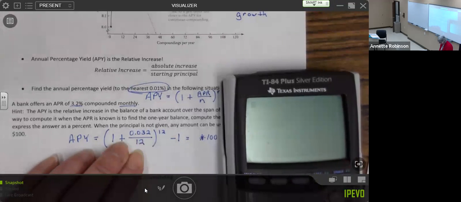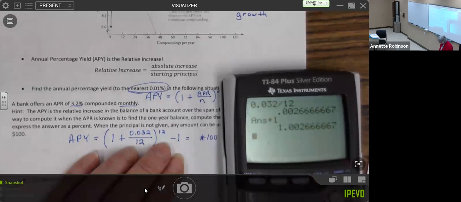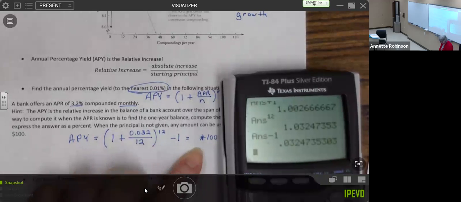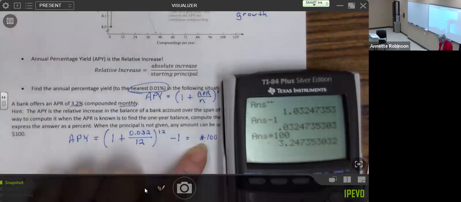I'm going to do it in baby steps. First off, I'm going to do my division in the parentheses, order of operations. Again, I'm not writing it down. I'm going to add 1. I'm not writing it down. I'm going to raise that to the 12. Again, I'm not writing it down yet. I'm going to subtract 1. Again, not writing it down. I'm going to multiply it by 100. Now I'm writing it down.